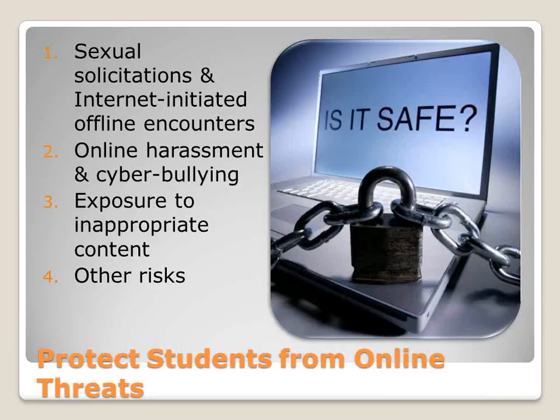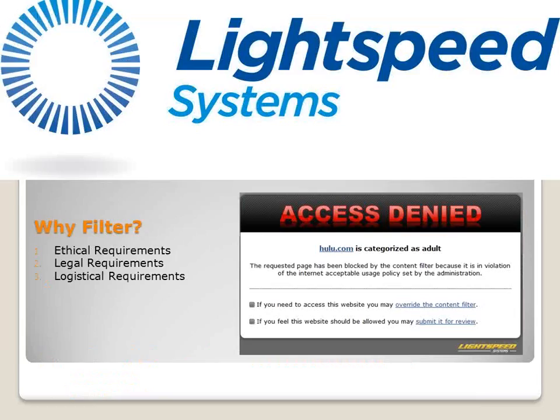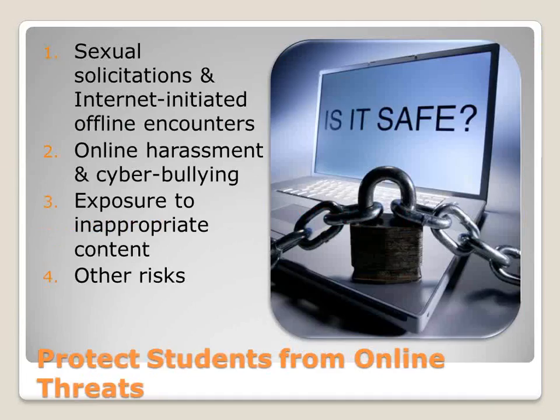Under our ethical requirements, just like we have a duty to protect our students physically on playgrounds and in hallways and in our classrooms, we have that same responsibility to protect them from influences on the internet. And so the most talked about threats to our students on the internet are sexual solicitations and internet-initiated offline encounters.